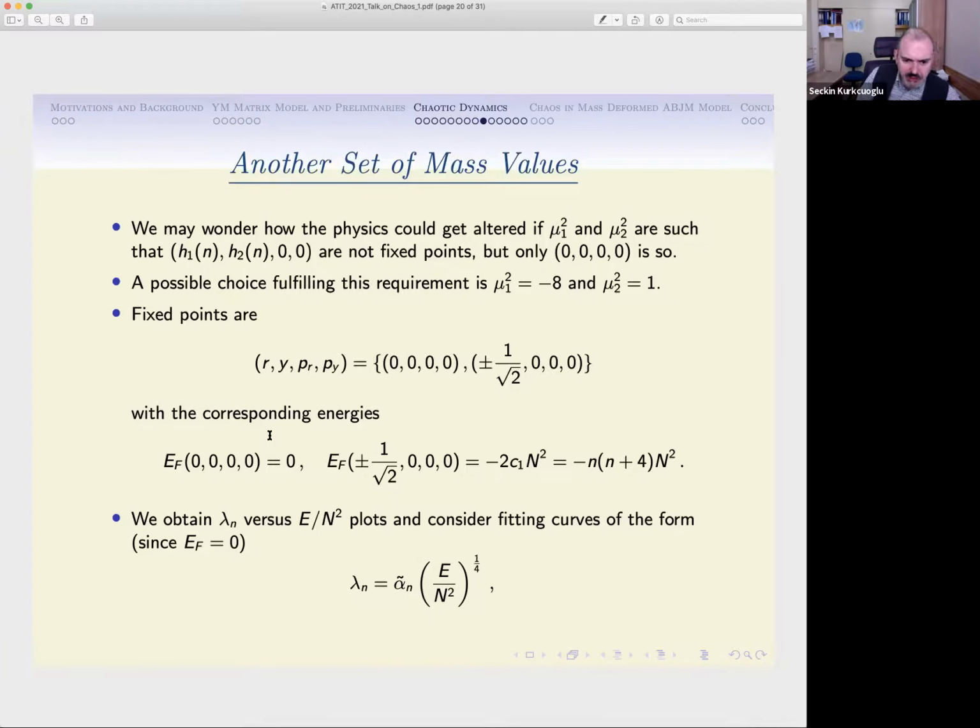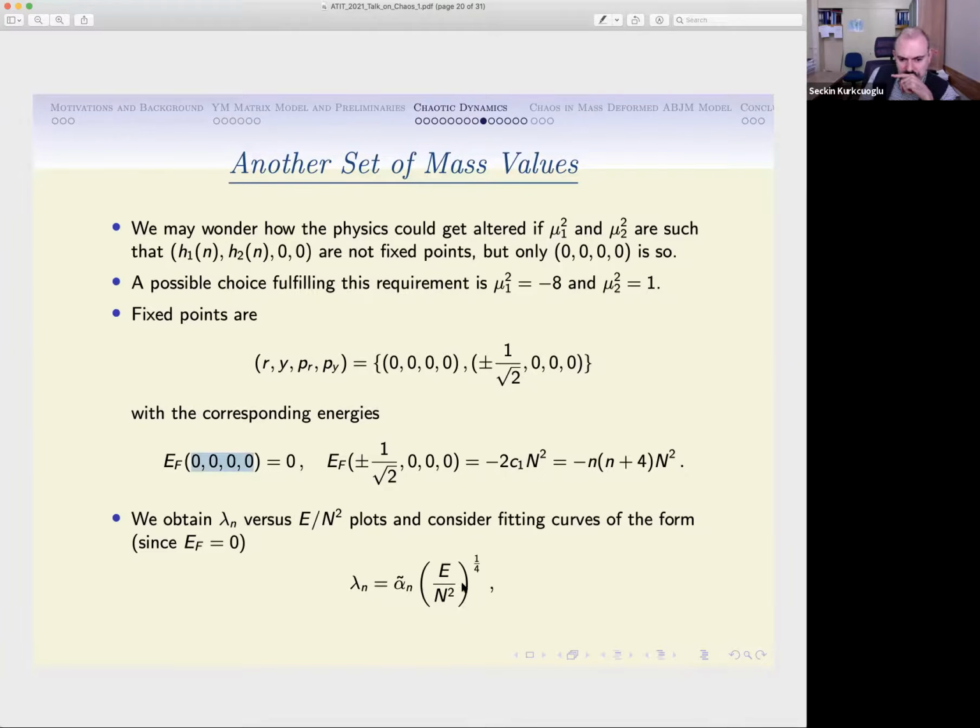Maybe I should wrap up. As I mentioned, I can, for example, look at mass values in which one of the masses is tachyonic and the other one is not. Then the relevant fixed point energy will be the one which gives you zero energy.